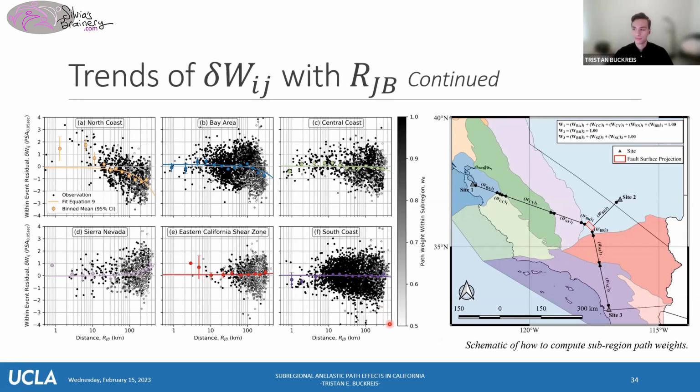Oh, I'm good. Okay, so let me try to understand these plots a little bit better, because you've got 3 different quantities plotted on 6 different plots. So you've taken all the residual versus distance, and you have put into each one of these plots only, it's not all the same data.